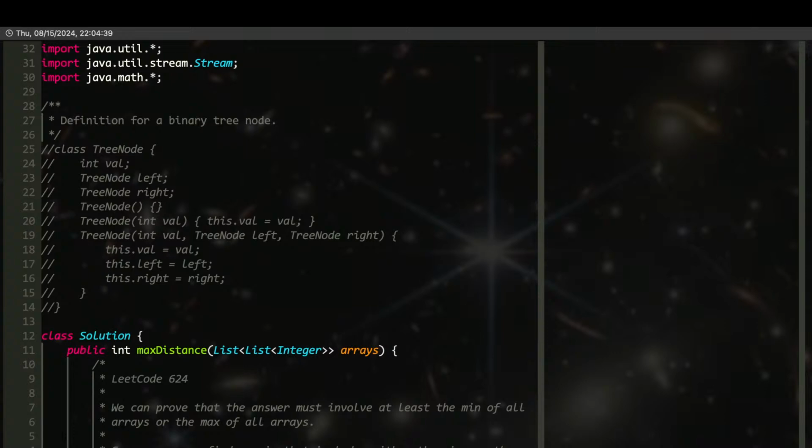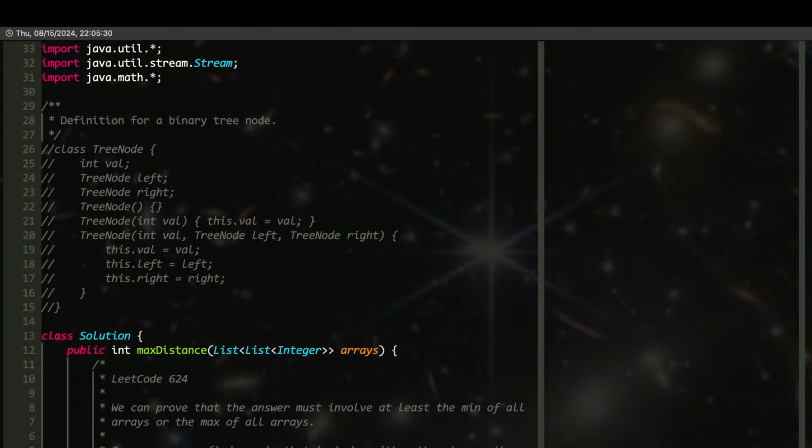Now, if the actual max is in the same array as the current smaller value, then we can use the actual min.